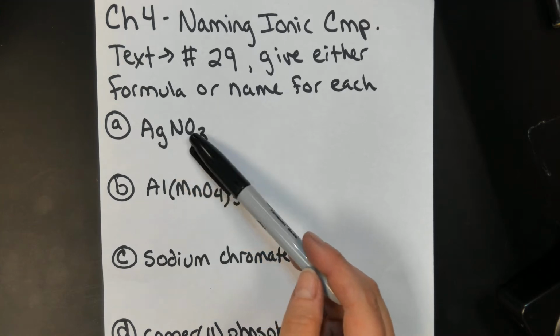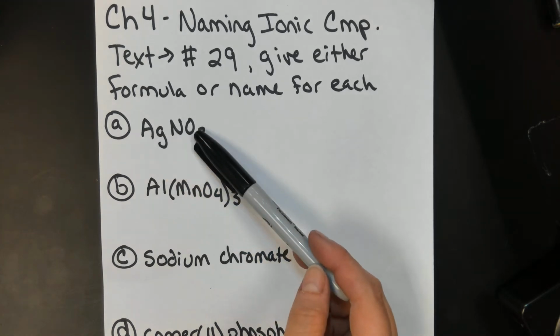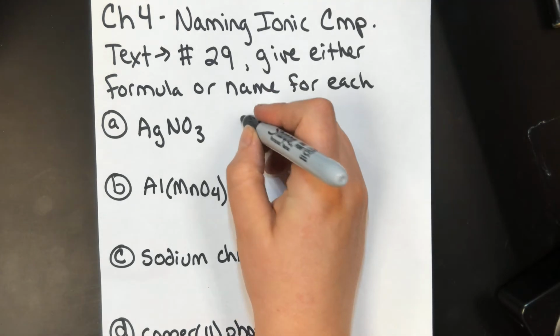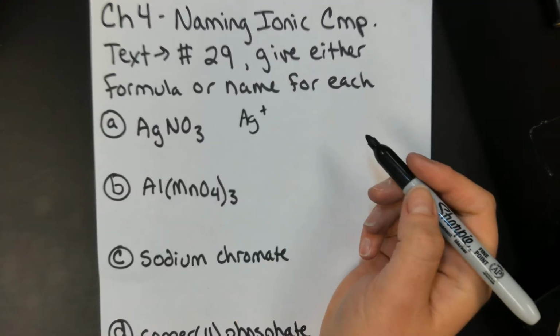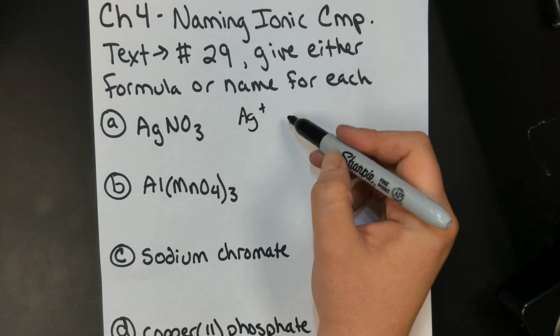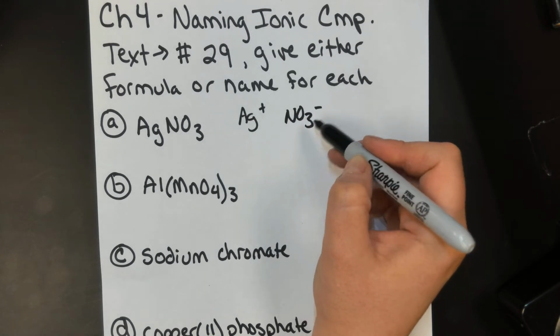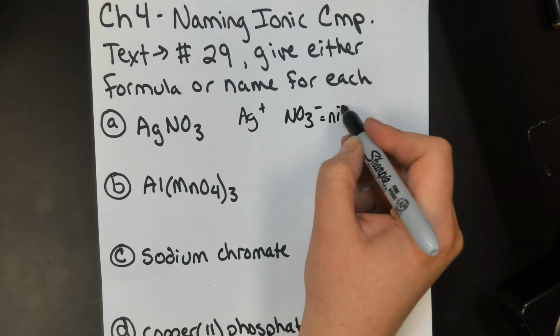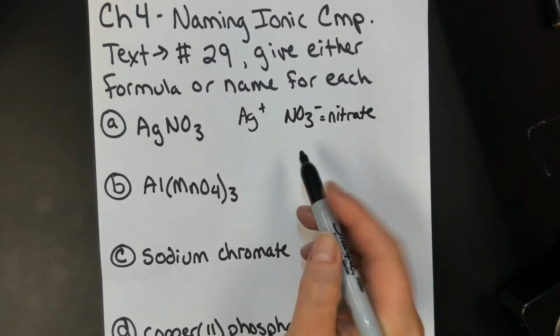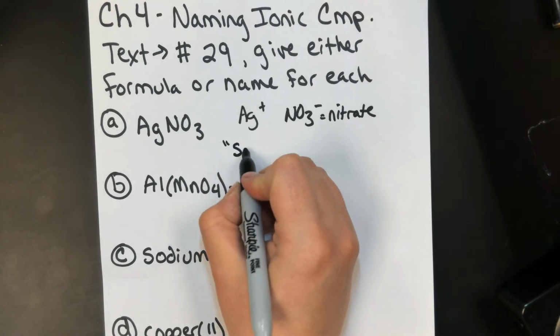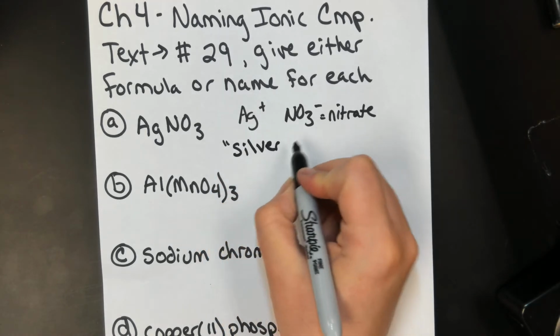This first one has silver and NO3, and we had to memorize that Ag is +1. That's one thing we had to memorize, and we had to memorize that NO3 minus is called nitrate. So the name for this would simply be silver nitrate.